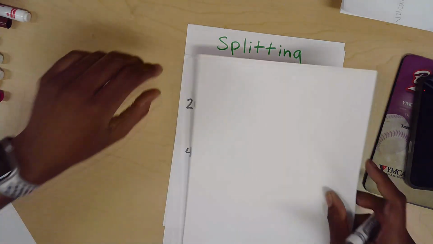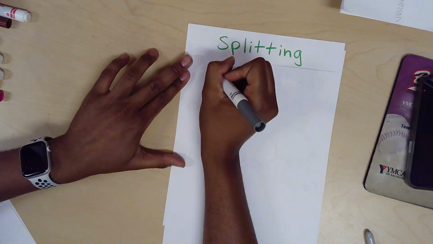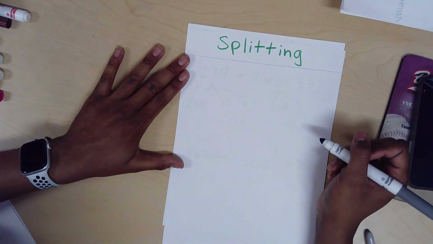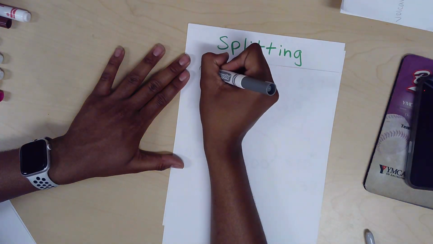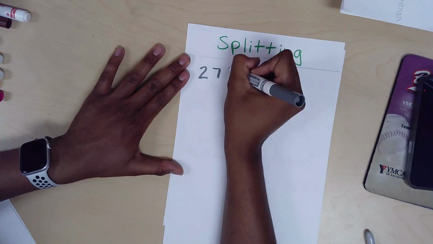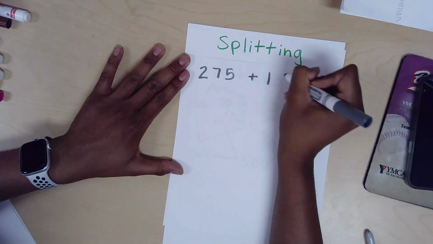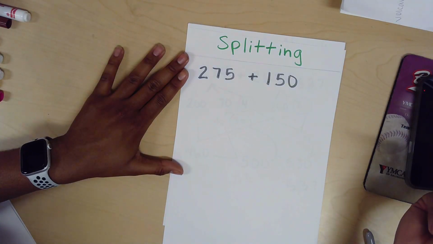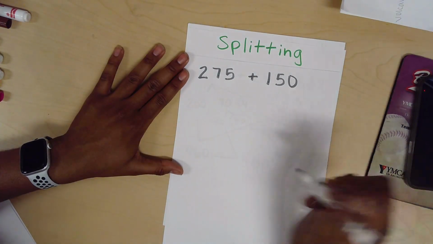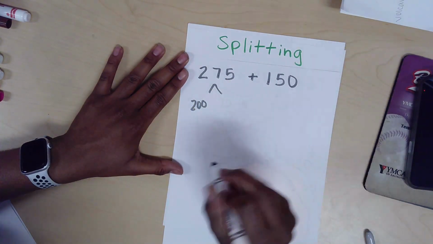All right, so this last one that we're going to do, I'm actually going to do one that's going to make you enjoy splitting. So let's do 275 plus 150. So when I see this, I can see 200, oh, sorry, pause.